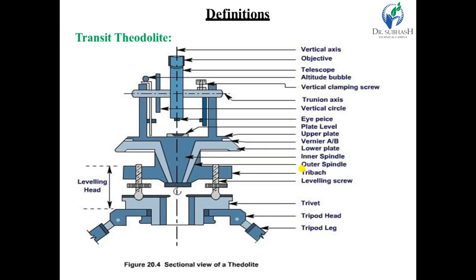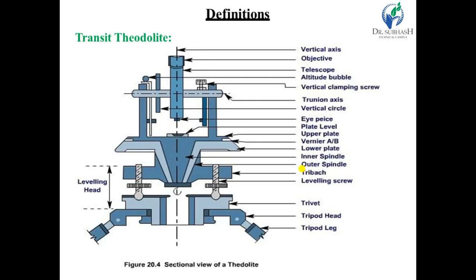After that, tri-bench. The tri-bench is a supporting platform of the theodolite, having a facility for adjustment by leveling screw for leveling the instrument. After that, trivet. The trivet is a portion on which the leveling screw is positioned. After that, tripod head.